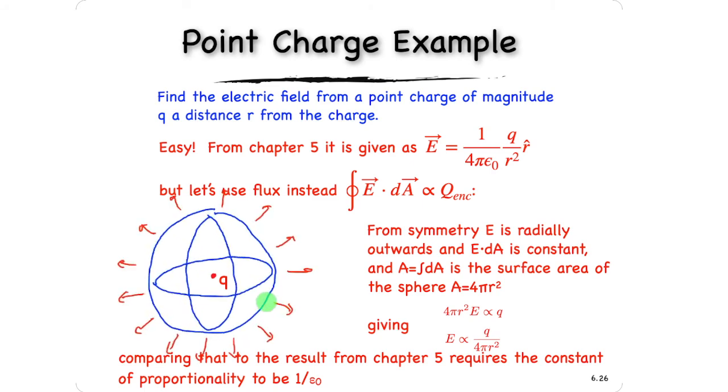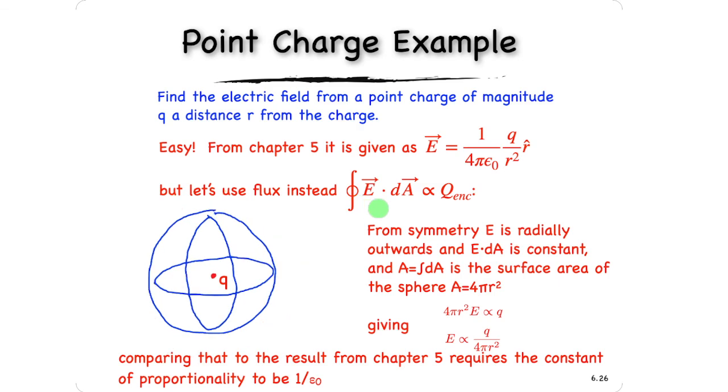Right, that's what I expect it to be. But importantly, it's constant everywhere, just because of the spherical symmetry of this problem. The area of this sphere is 4 pi r squared. This comes from geometry, the surface area of a sphere.